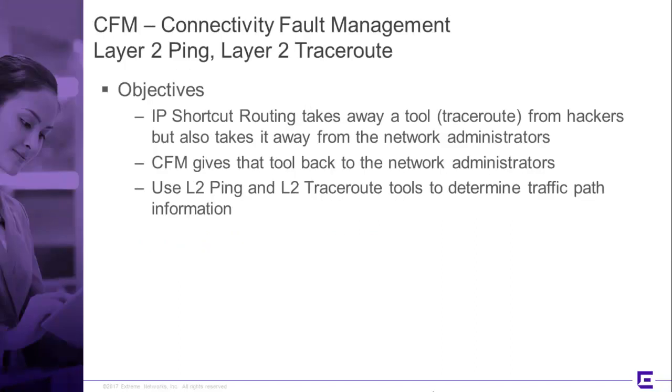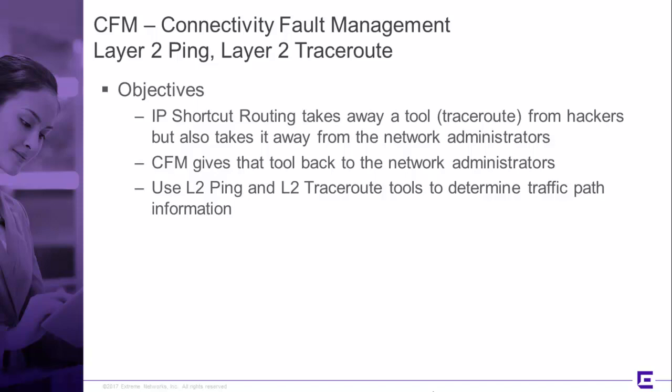So if you will recall, in the L2VSN video, I spoke about the fact that we took away a lot of the tools that hackers would use to enumerate a network, being the fact that Fabric Connect itself should be viewed as a black hole from the IP protocol perspective, and that really IP, and even VLANs for that instance, are an event phenomenon that happens at the event horizon, which is the user to network interface out to the client or subscriber community.